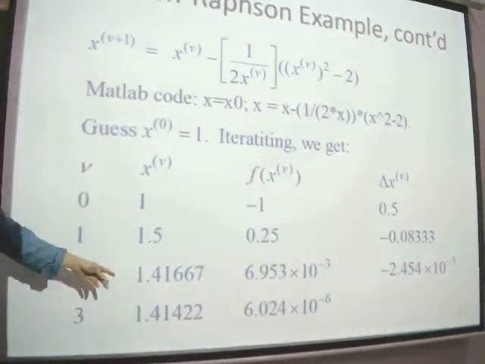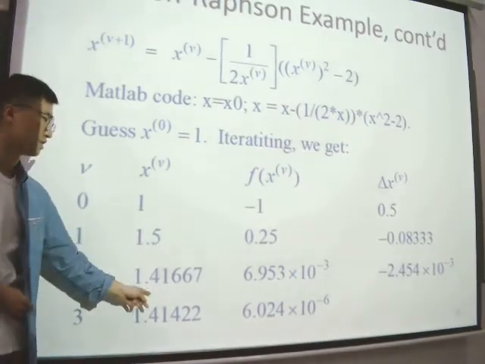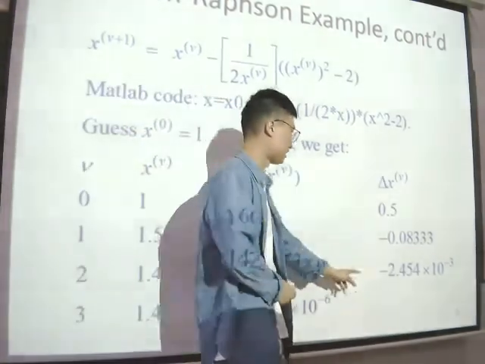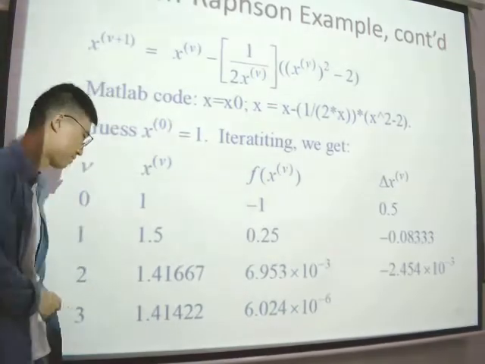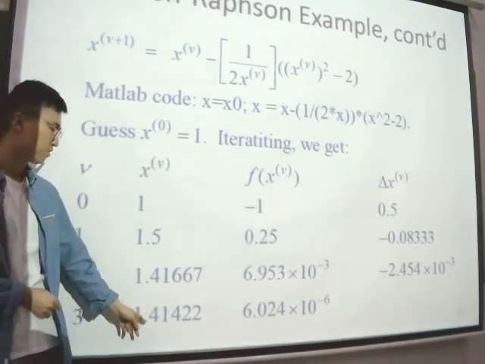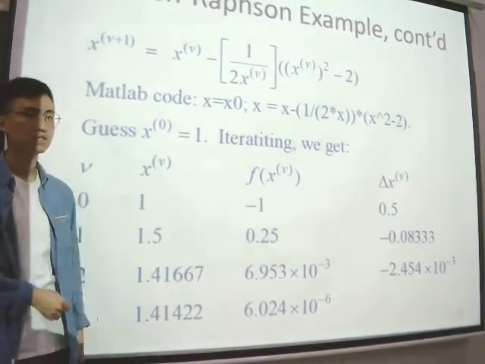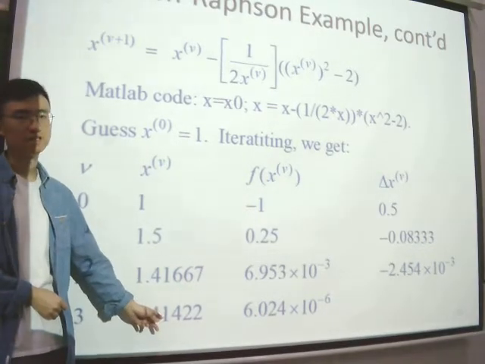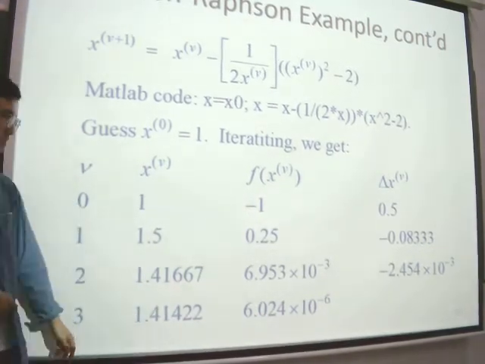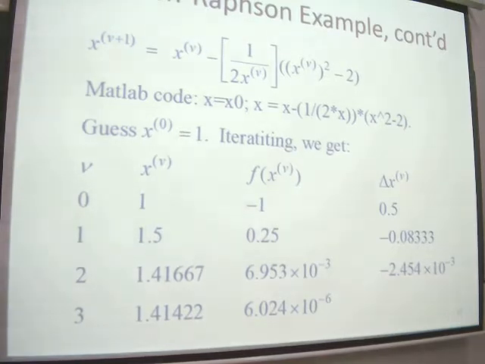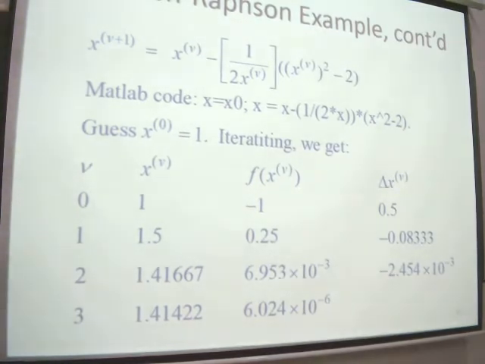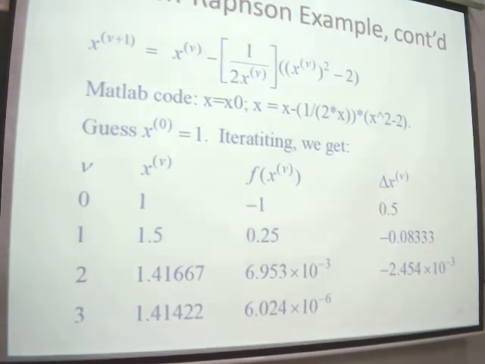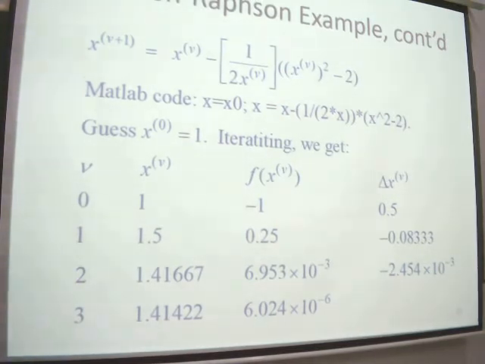In the second step we get this, and we could see that 1.414 is the approximation of the square root of 2. So here is how the Newton Raphson method is used to solve the functions.